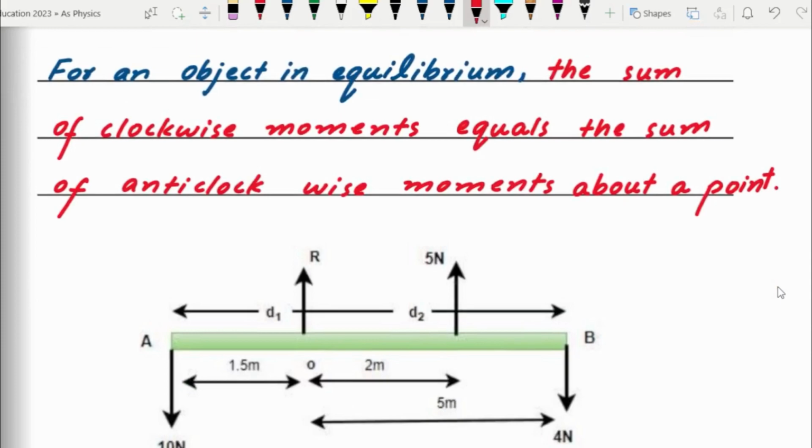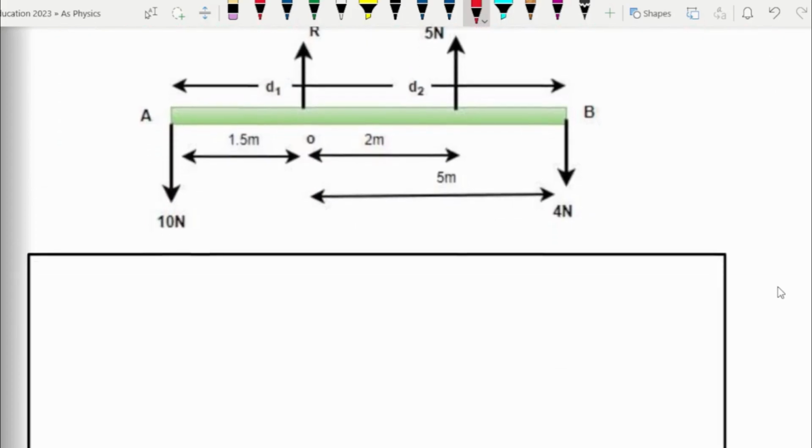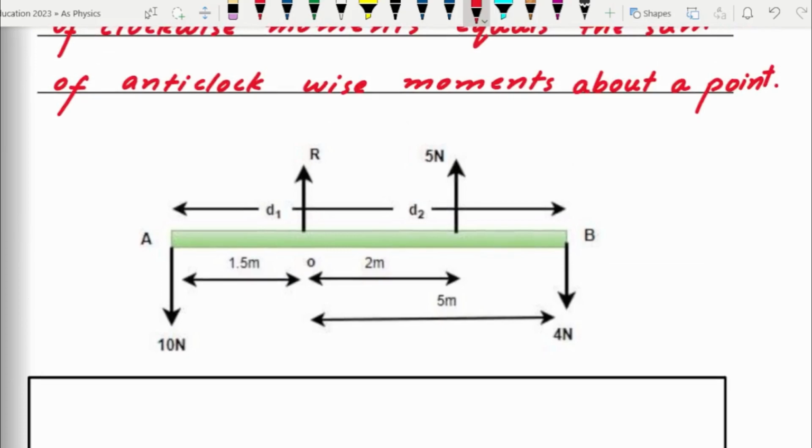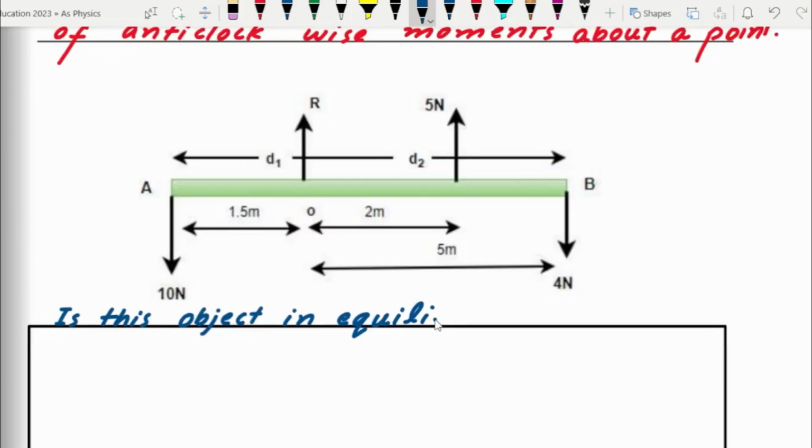So let us take a look at the example. Here I have a sample question. Let's see how we solve this one. The diagram is given, and this is the question. We assume that the forces are balanced. The forces upward and the forces downward are equal, so the first condition of equilibrium is satisfied.